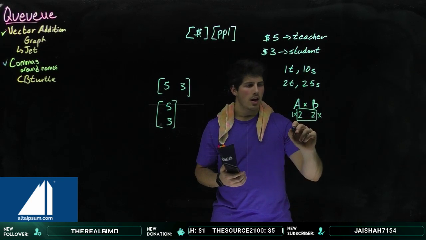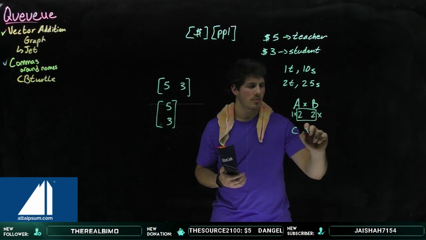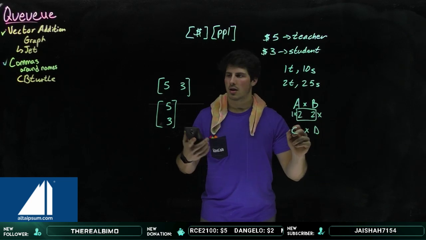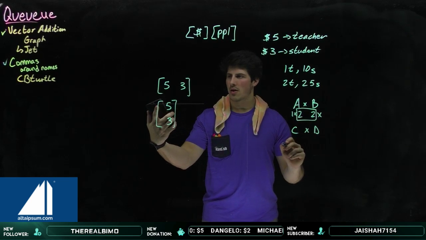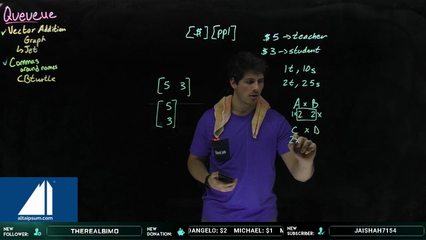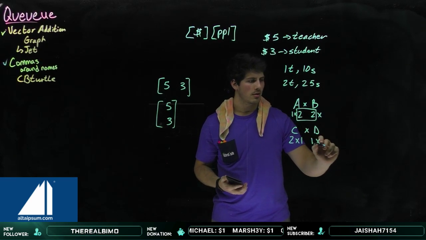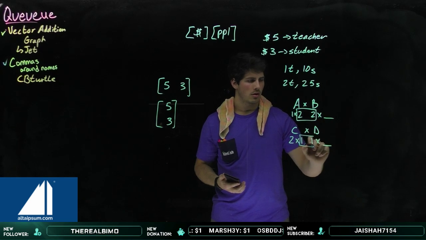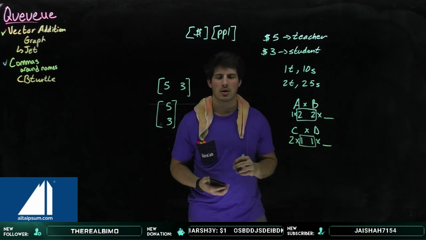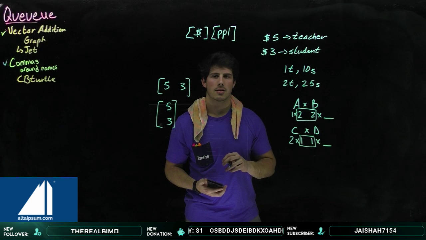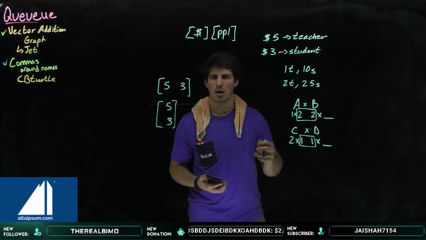If it were C times D, and C is a 2 by 1, then D has to be a 1 by something. I actually don't care about the first and last dimensions of the matrices to multiply them.